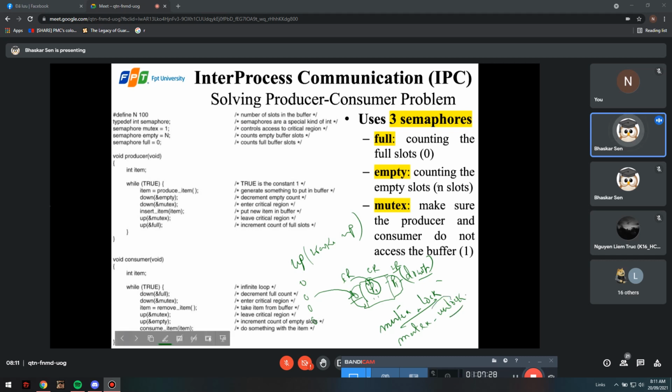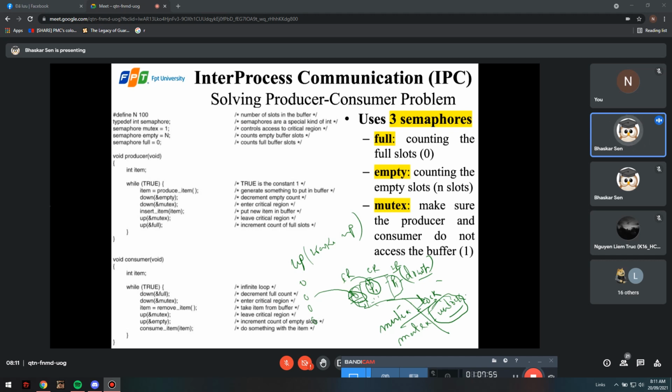Since mutex is a key and that has been unlocked, this guy, the new guy, will pick it up or go there and set its own lock. So only one process can set its lock on this mutex. And that's how it controls these operations.